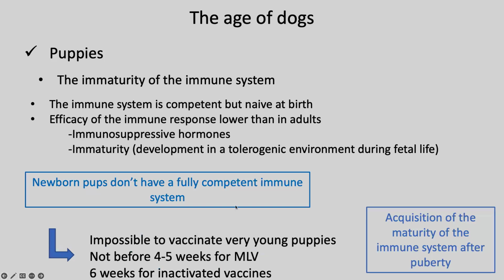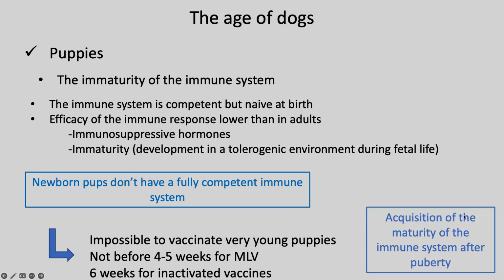So it doesn't mean we do not have to vaccinate, but we need to remember that if we vaccinate too early, the vaccine will not be efficient, or a live attenuated vaccine can be dangerous and induce a vaccine disease.